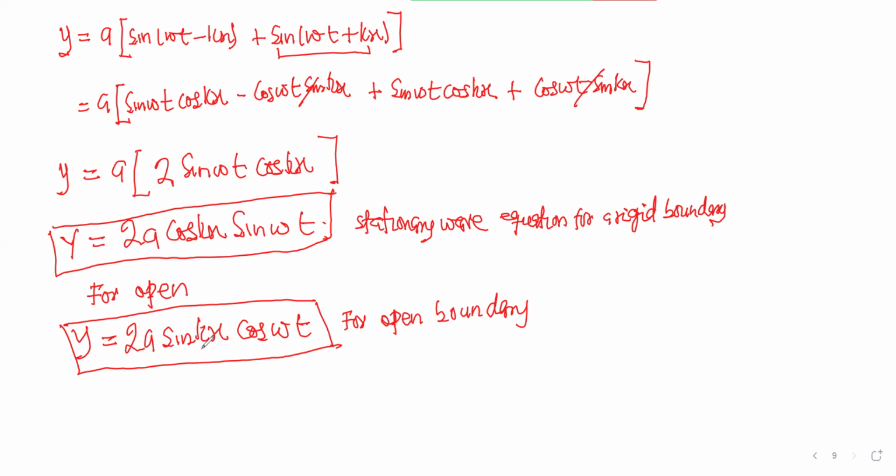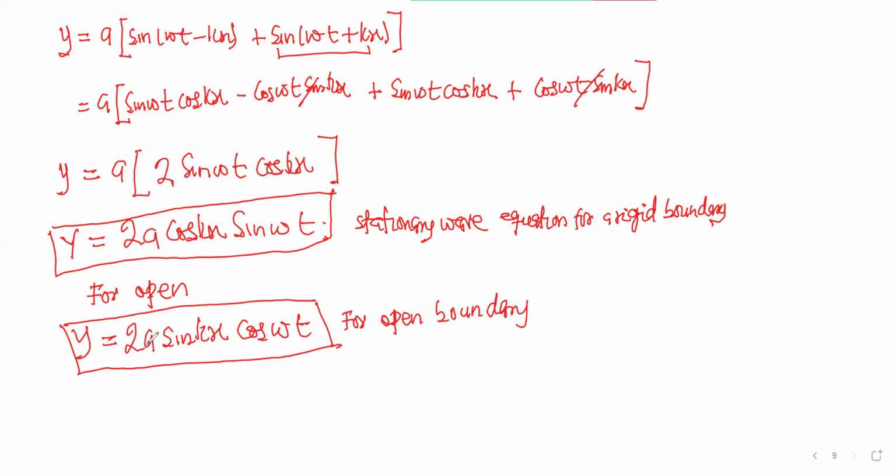There are two waves traveling in opposite directions. Two waves traveling in opposite directions produce a stationary wave, or a standing wave. The individual wave functions are y is equal to a sine (kx minus omega t).